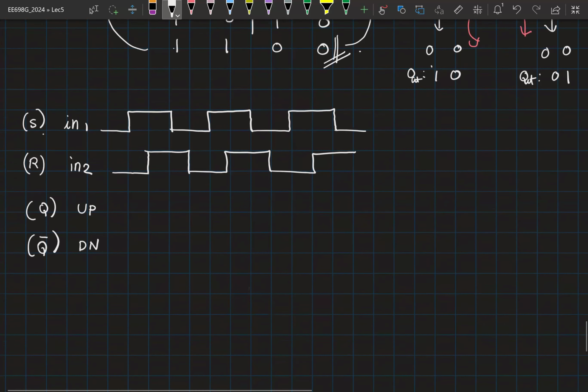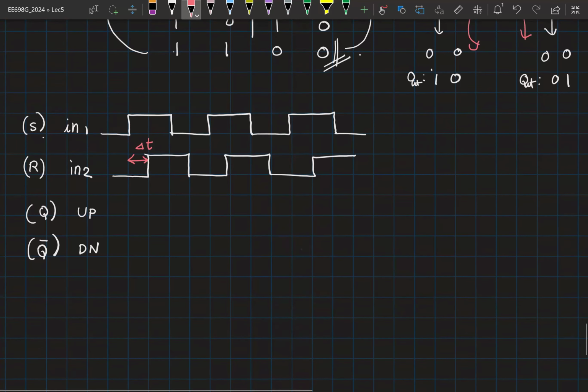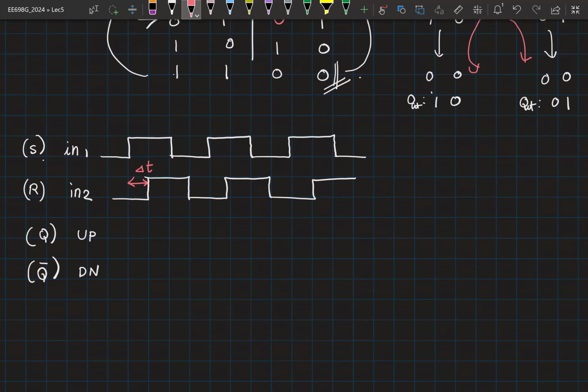And based on this, can you tell me whether the information is present in the up signal or in the down signal? Information is present in the up signal.